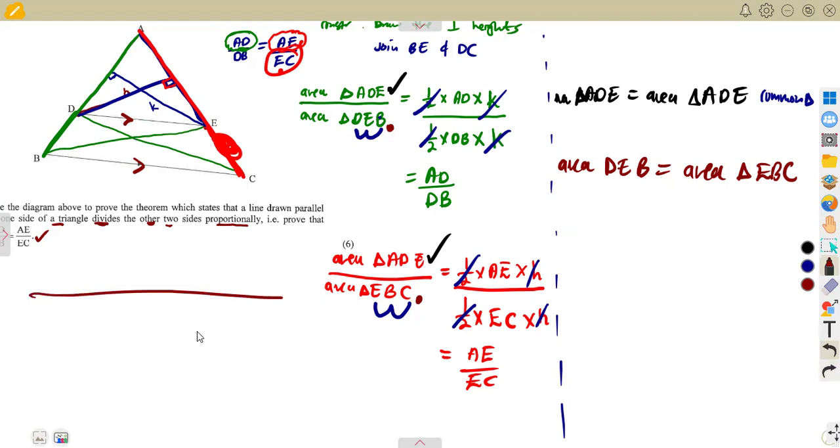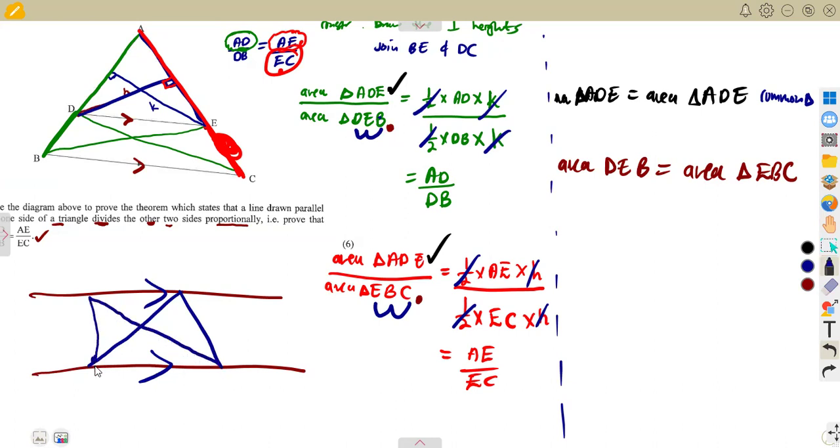It's like this. Let me bring it this way. With parallel lines, if two triangles are drawn like this, under the same parallel lines, they are going to have the same area as long as they are from the same base. They must be from the same base, and they will have the same height.